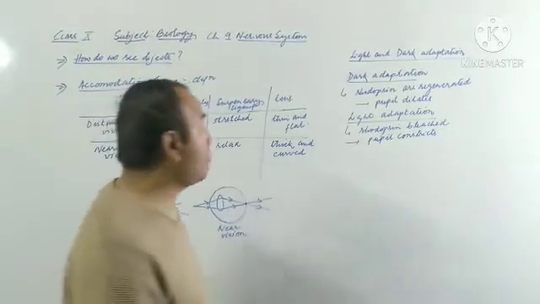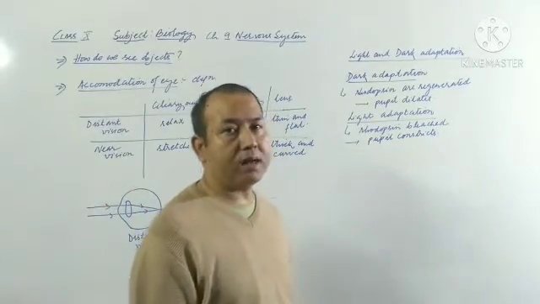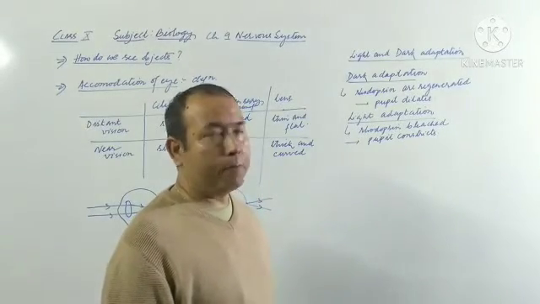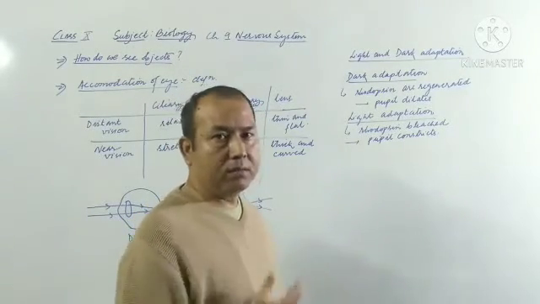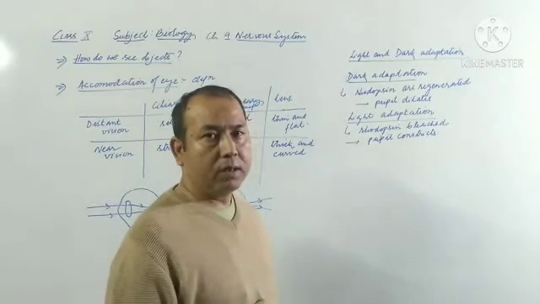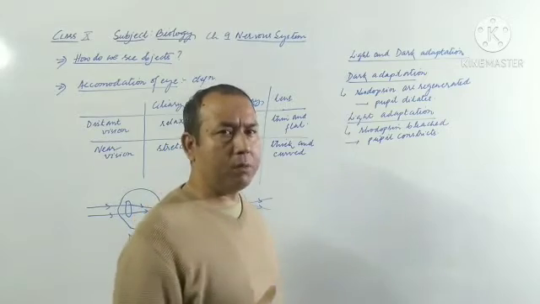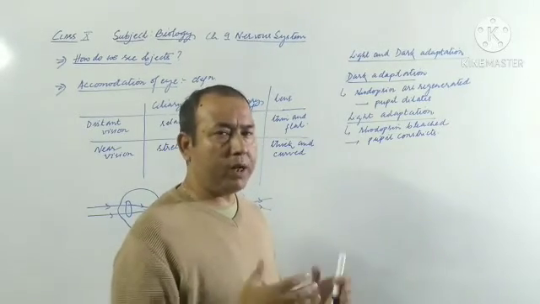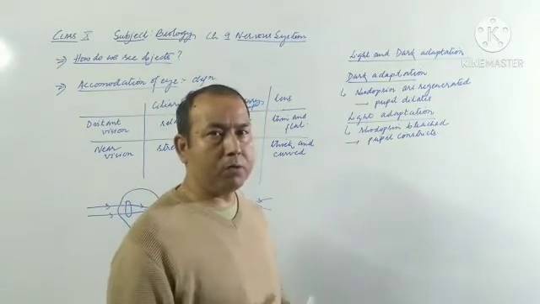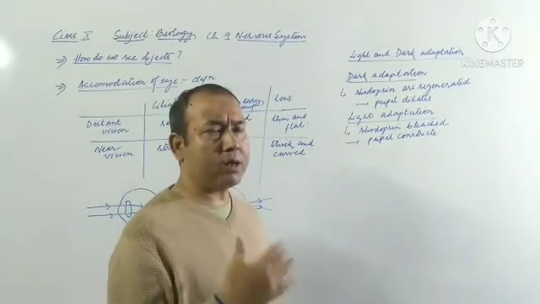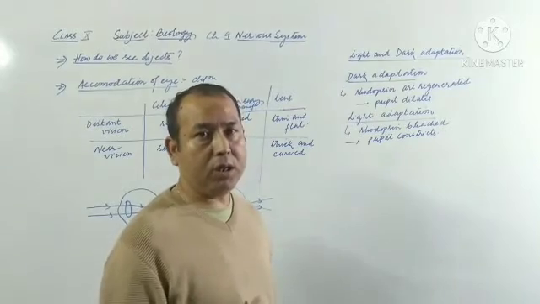Now we'll discuss the next topic, light and dark adaptation. We briefly discussed before that when we enter a dark room, like a very dark cinema hall, in the beginning you can't see who is sitting beside you, but after some time you are able to see the person.